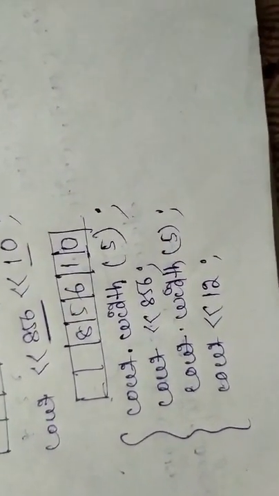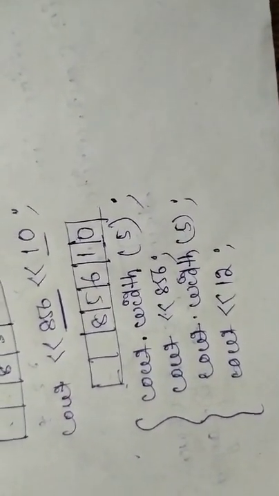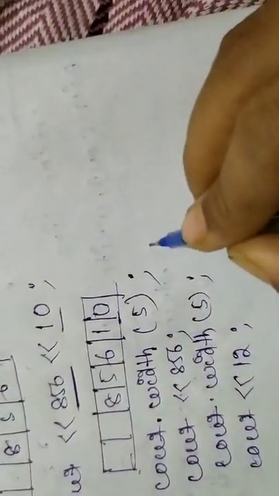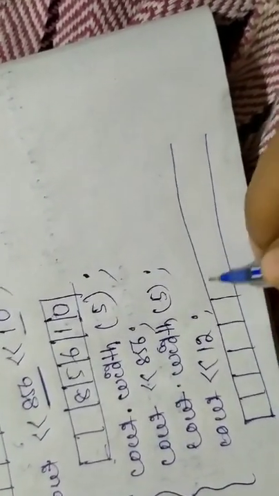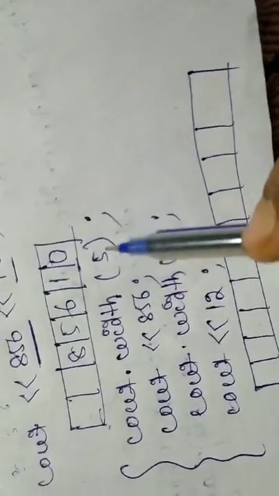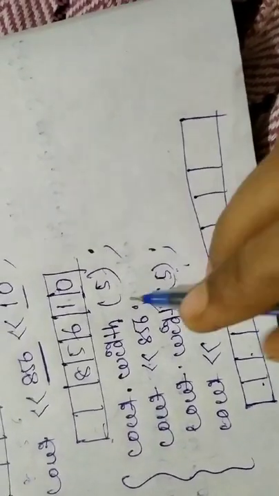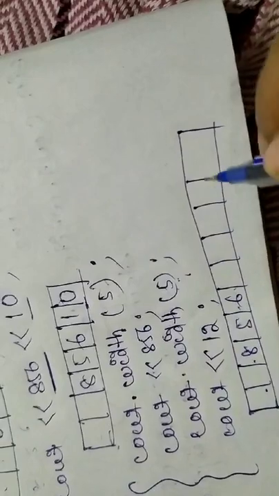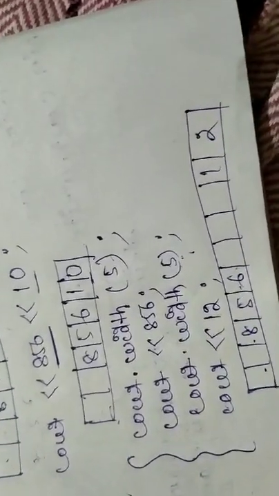As I have not written a new line, the output will be of width 10: the first 5 is for 856, and the next 5 will be for 12. So the output will be printed like this.